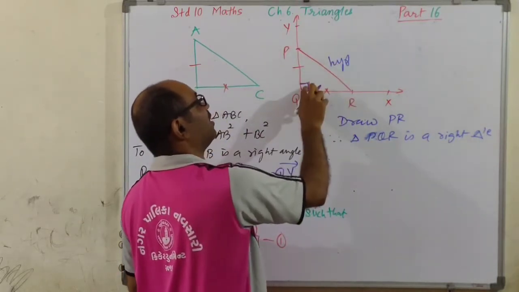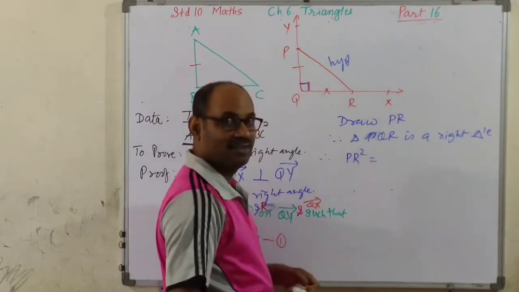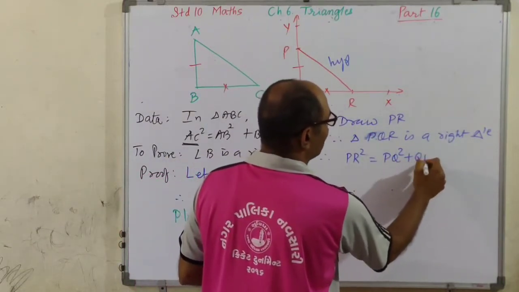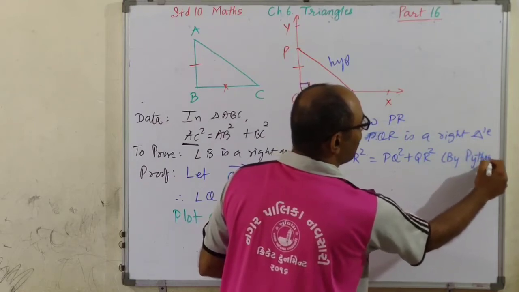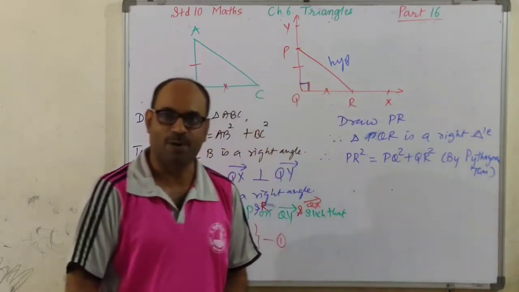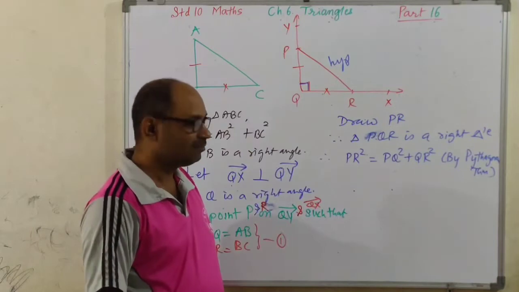You can say this is the hypotenuse because it is the side opposite to the right angle. PR square is equal to PQ square plus QR square, by Pythagoras theorem, or you can say by theorem 6.7, or simply by theorem. Okay?